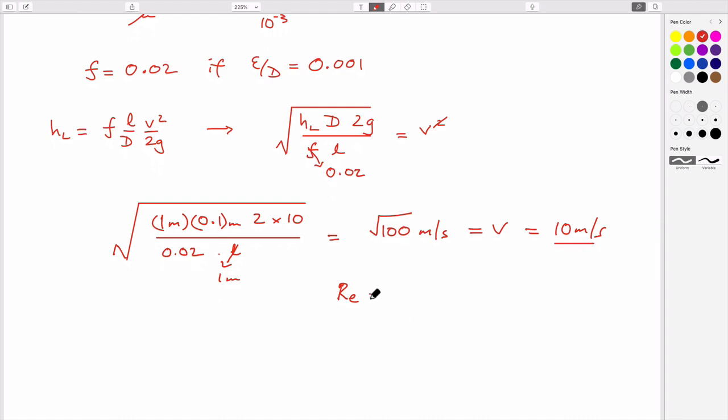So now we should check the Reynolds number. Reynolds number is velocity, density, diameter over viscosity, which will be 10 meters a second, 10 to the 3 kilograms per meter cubed, and 10 to the minus 1 meters, divided by 10 to the minus 3 Pascal seconds. And if we do that, it's 10 to the 6. I guess these two cancel out, right, on this side. So it's 10 to the 6, non-dimensional number.